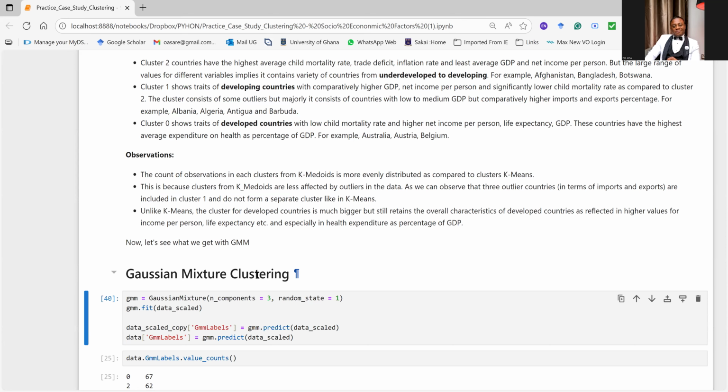So with this Gaussian, what happens is that instead of saying that this point belongs to group 2, the Gaussian mixture will say that this point belongs to group 2 with 70% probability, and group 3 with 30% probability.